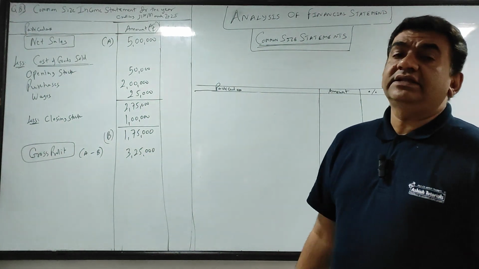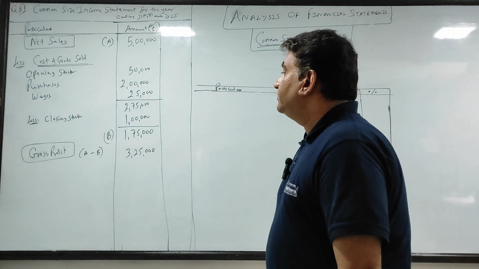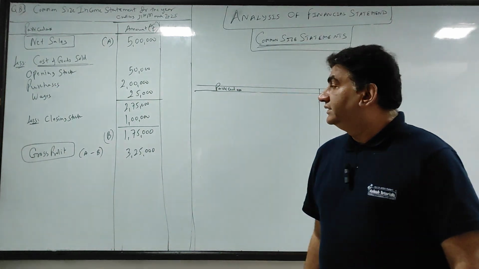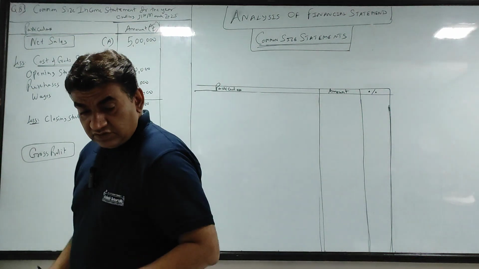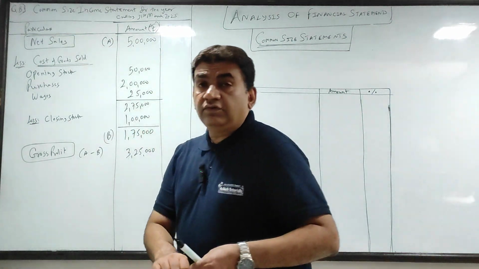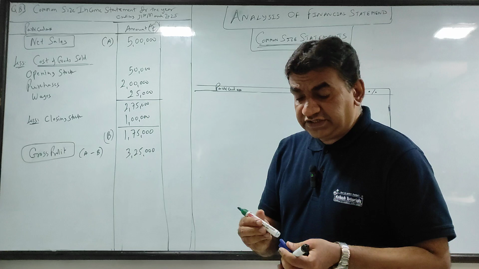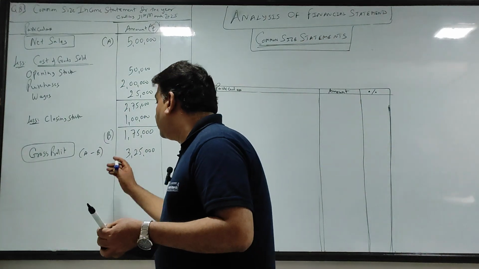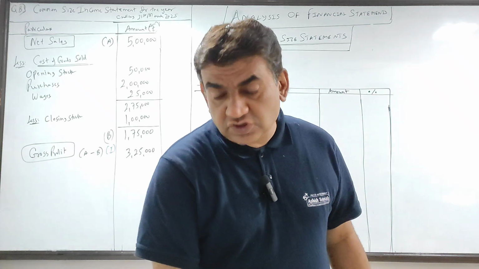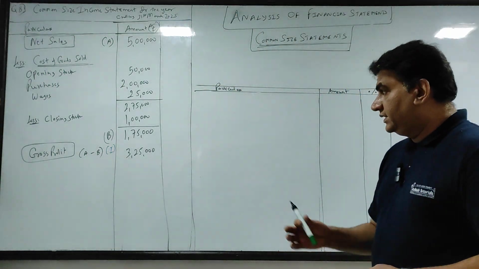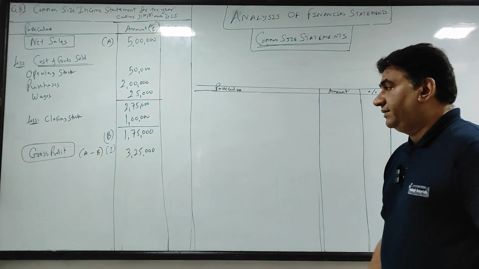This 325 is my gross profit. Now for further interpretation, I will make this gross profit as Roman 1. Why? We will see in some time.